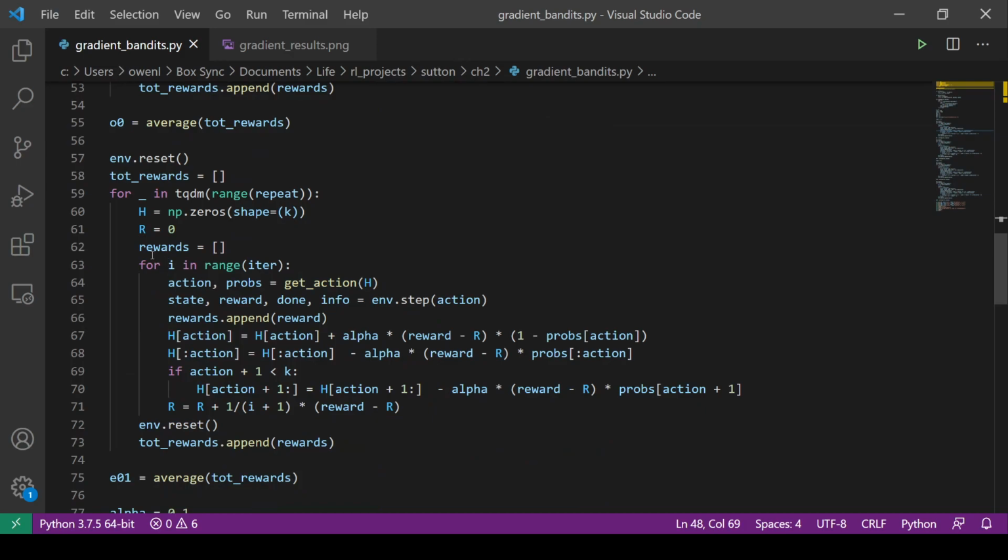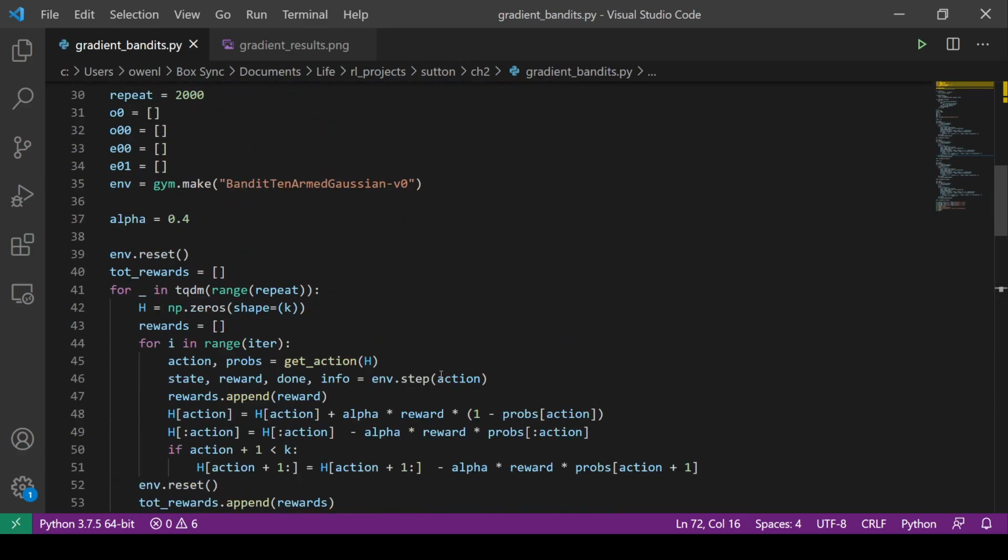And we can use a baseline, so we can do this reward minus something, and this is any number that's not dependent on the state or the action. So this is just some value. In this case, it's a running average of the rewards. But it's important to note that this is valuable because it can reduce variance.